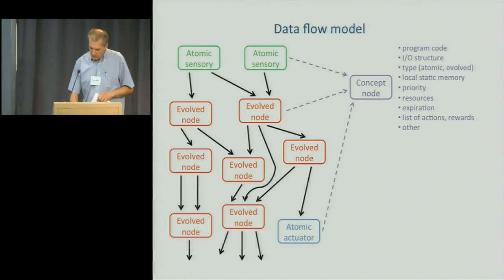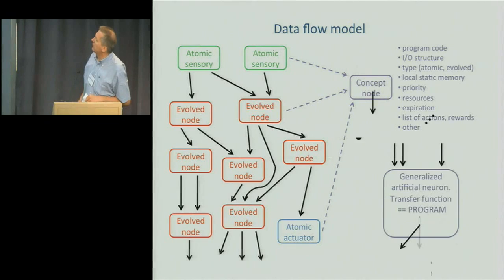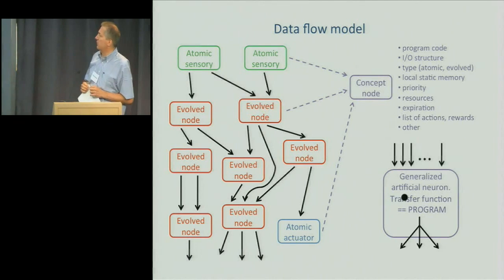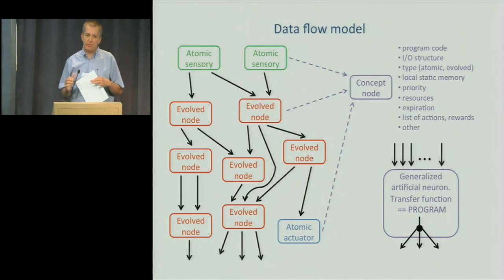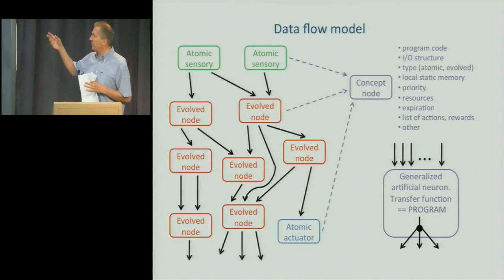In general, this may be envisioned in first approximation as a generalized artificial neuron with a program as transfer function. So we have a 2-step self-programming. One step is generating this code for the nodes, and the other is constructing the whole network structure.